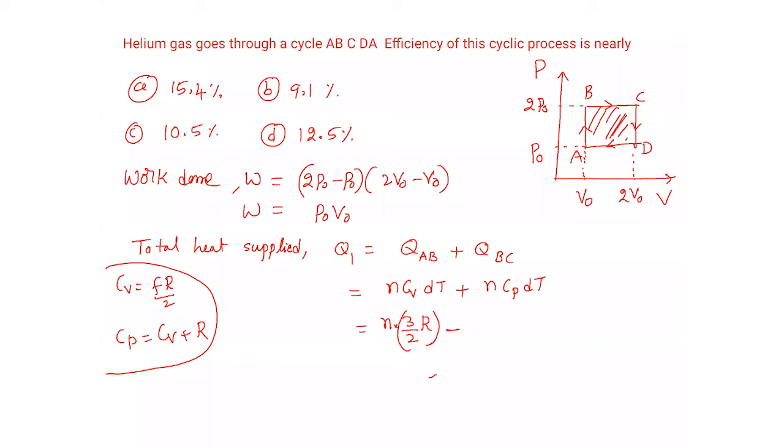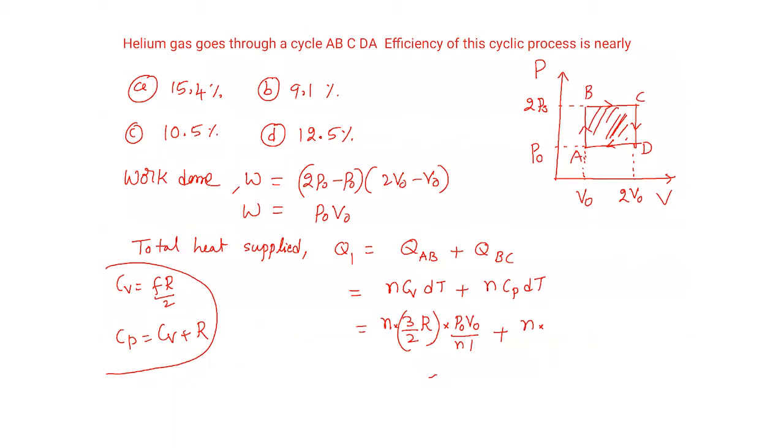Plus dT, the change in temperature. You know how to calculate the change in temperature for the process A to B. It is 2 P naught V naught by nR. Directly I am writing this: change P naught V naught by nR, plus n Cp. For helium gas, Cp is 5R by 2. Why?